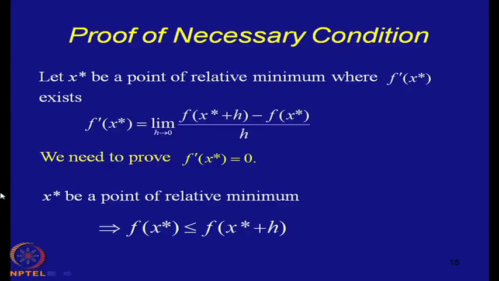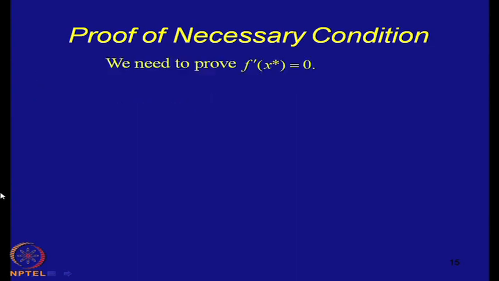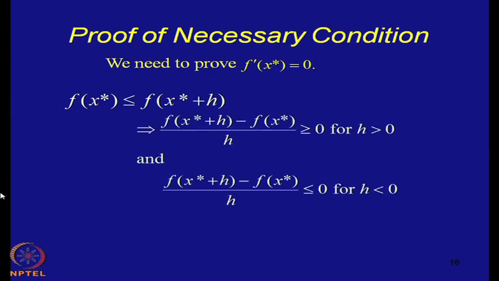If we just take the functional value at different points, then this relationship holds that f x star is less than or equal to f x star plus h for relative minimum, and that is why we can say that f x star plus h minus f x star is greater than or equal to 0 for every point within that neighborhood.